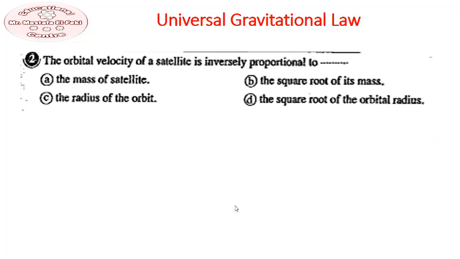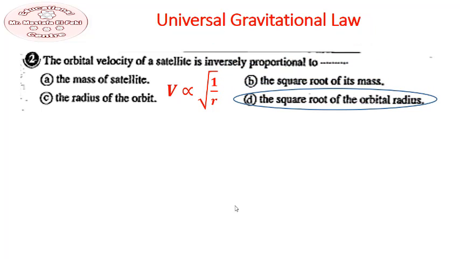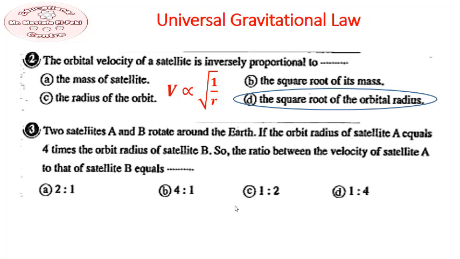The orbital velocity of a satellite is inversely proportional to the square root of the orbital radius. Two satellites A and B rotate around the Earth.